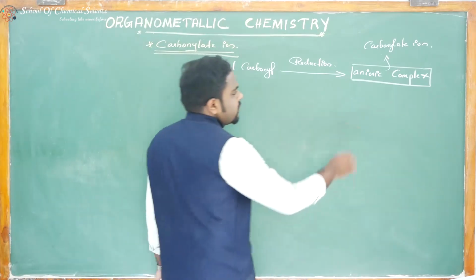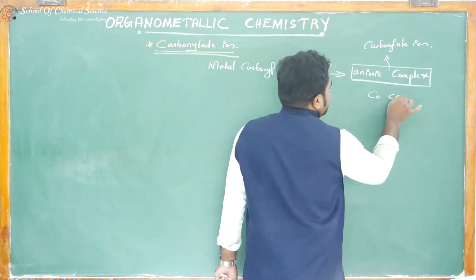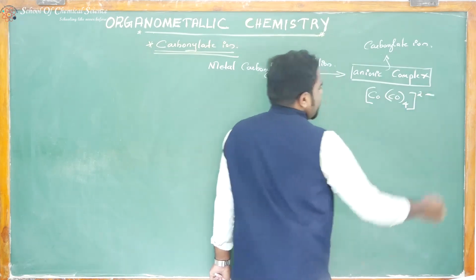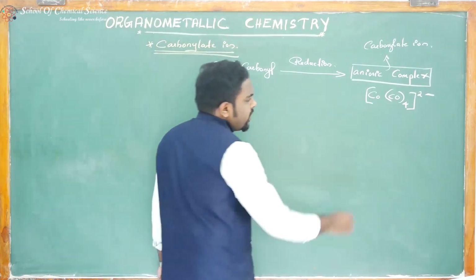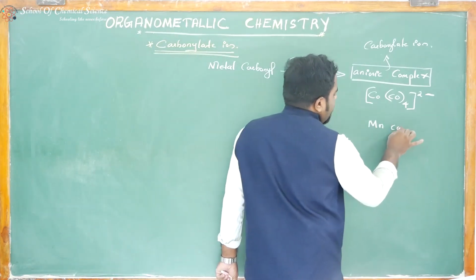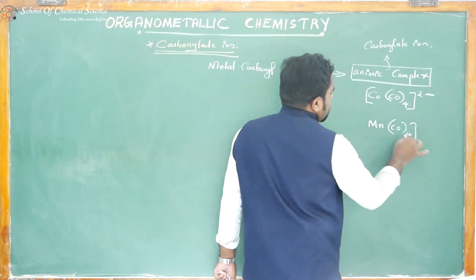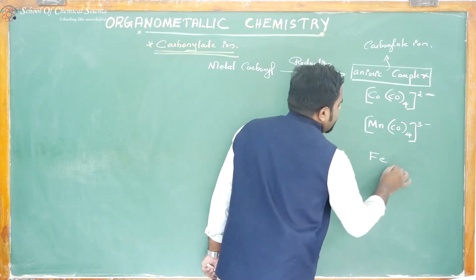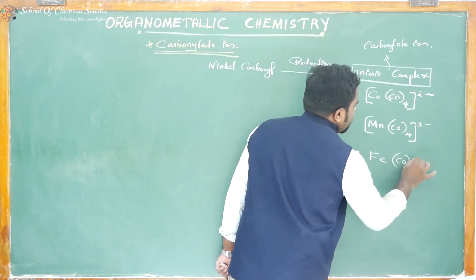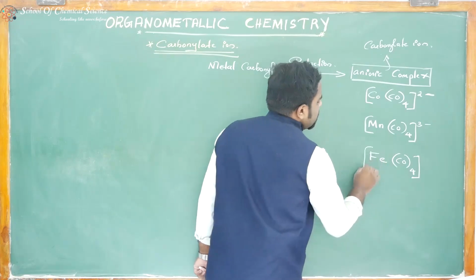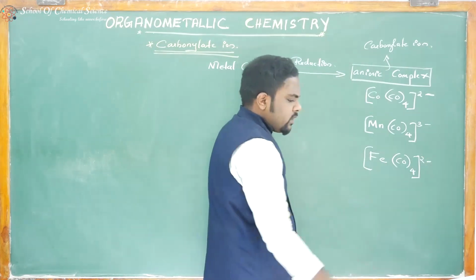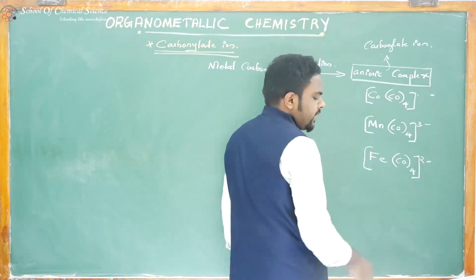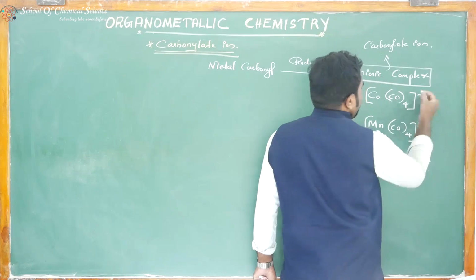For example, Co(CO)4 negative, Mn(CO)4 3 negative, then Fe(CO)4 2 negative. Is it not Co(CO)4 negative? Only Co(CO)4 negative.